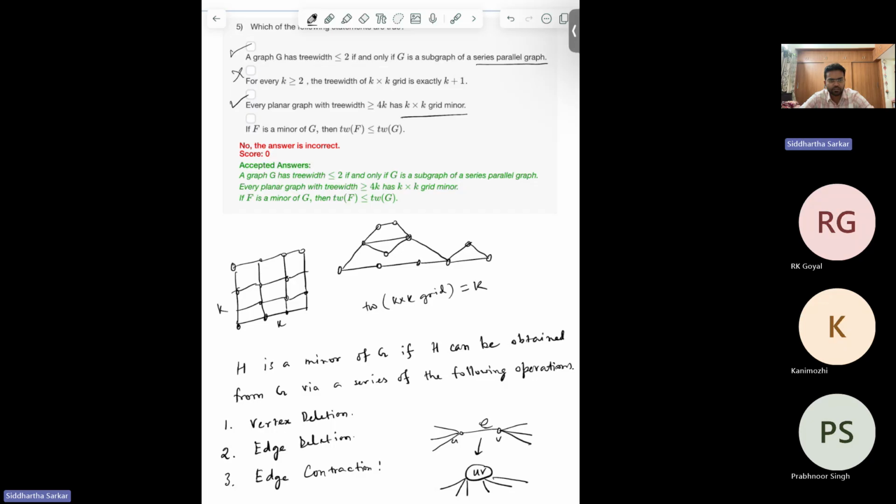It is also treated as a fact in the lecture. And the last option, if H is a minor of G, then the tree width of H is less than or equal to that of G. This is believable, that the minor of G is sort of a contracted form of G. If it is smaller than G, then its tree width is also going to be less. Maybe there is a formal way to prove it, but I will accept it on the basis of intuition. So these three options A, C, and D are correct.